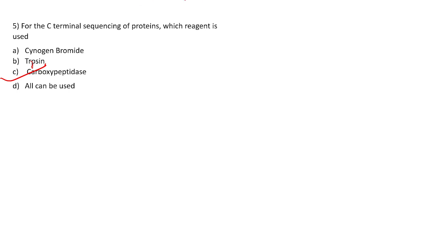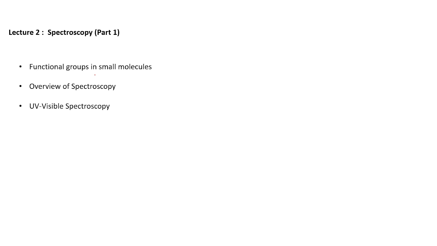In proteins there is an N terminal and a C terminal. In the N terminal there is an amino group, in the C terminal there is a carboxy group. So the carboxy end will be cleaved by carboxypeptidase, obviously, because the name itself suggests that it will cleave the peptide bond at the carboxyl end. So if you apply a little logic, it would be easier for you to answer the questions. Okay, you can take a risk.